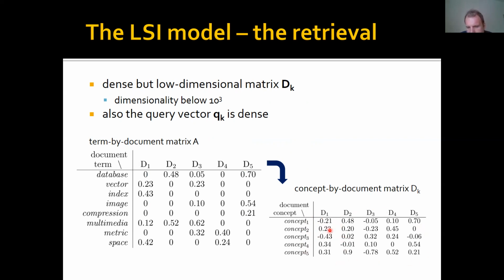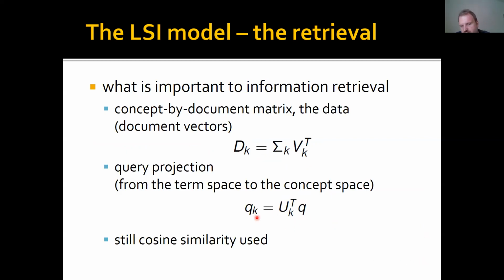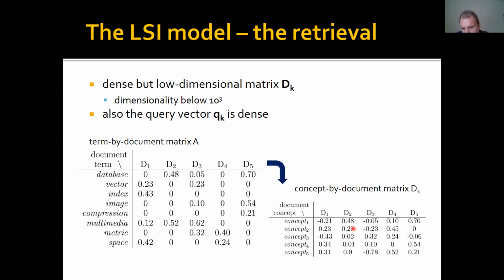So we have this dense matrix, and also the query vector is dense because everything that is projected using this matrix is then dense. No matter if it was a document or a query or anything, it's dense.